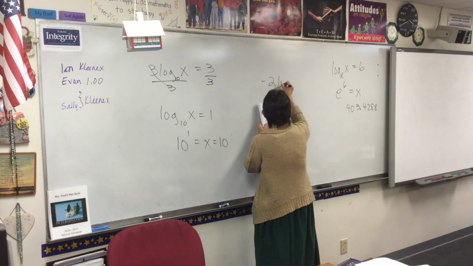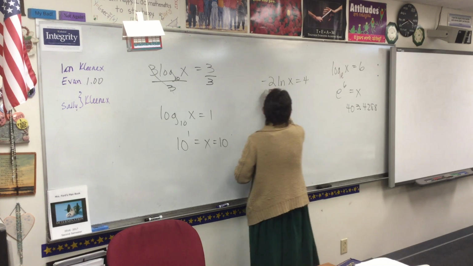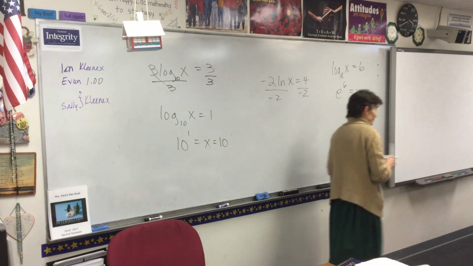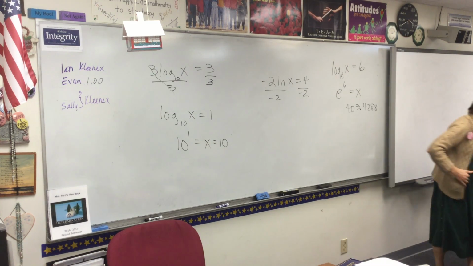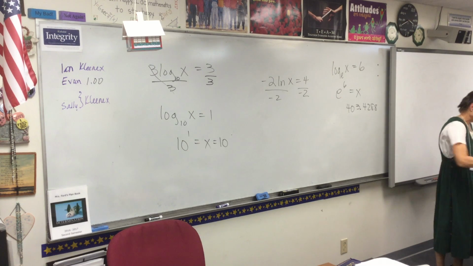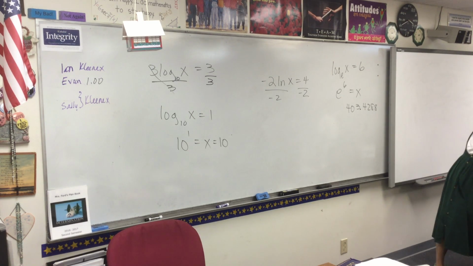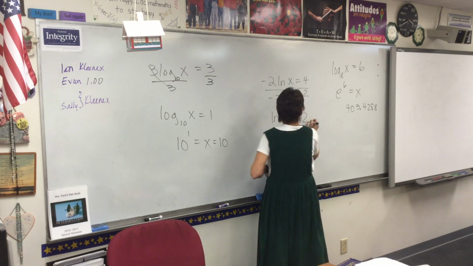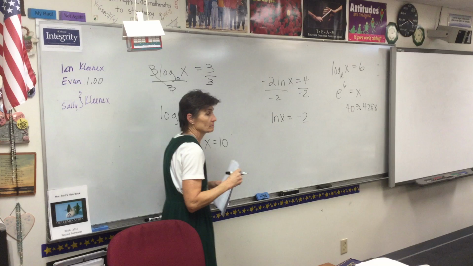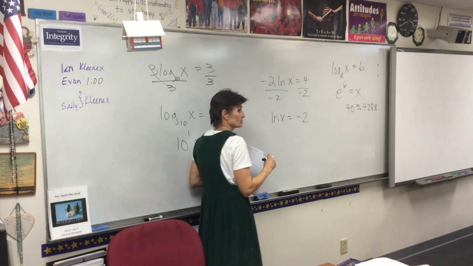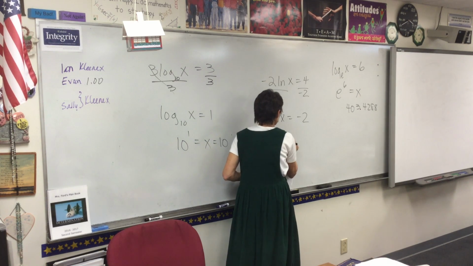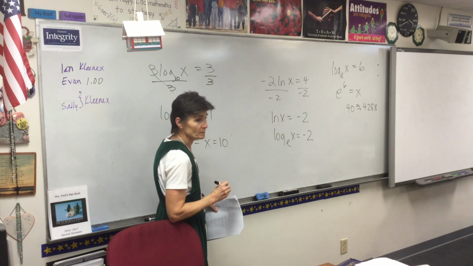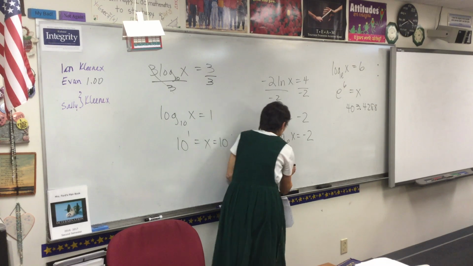So when I do this one, I'm going to do exactly the same thing. I'm going to divide both sides by -2. So what does my equation say? ln x equals -2. That's log base E equals -2. So when I loop-de-loo that, what does it say?